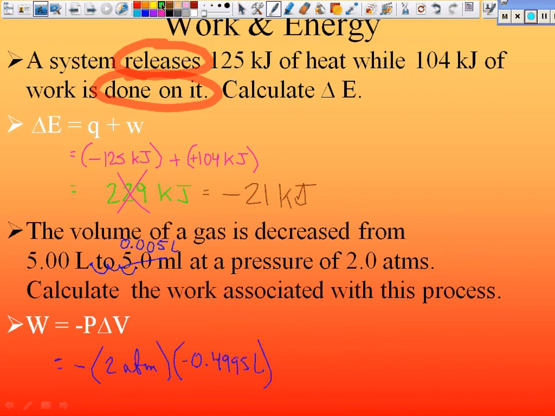Yeah, final minus initial. So from 5. Hold on. From final minus initial.